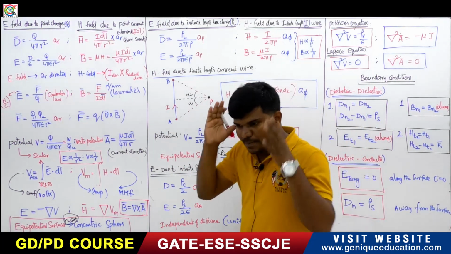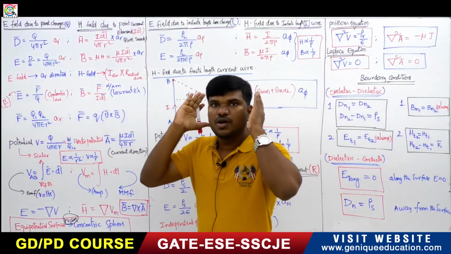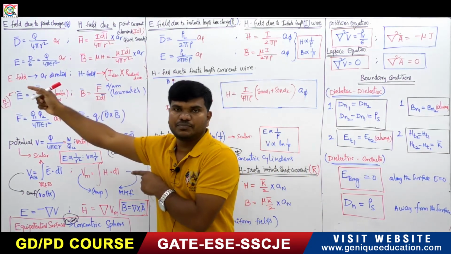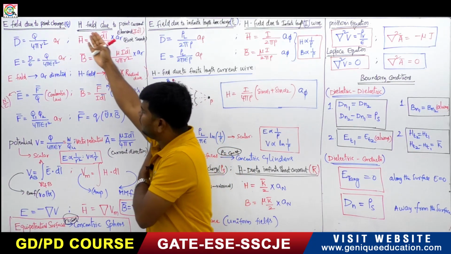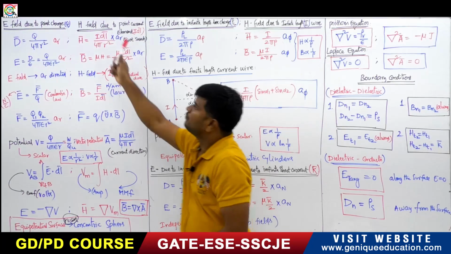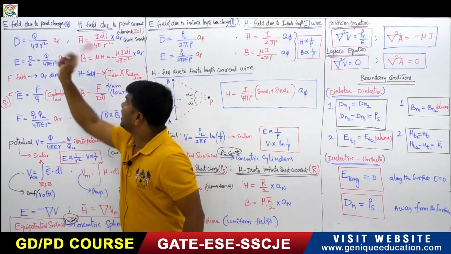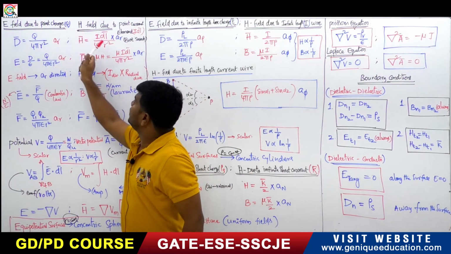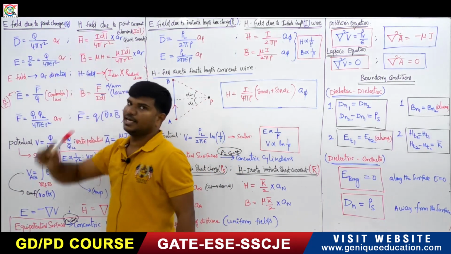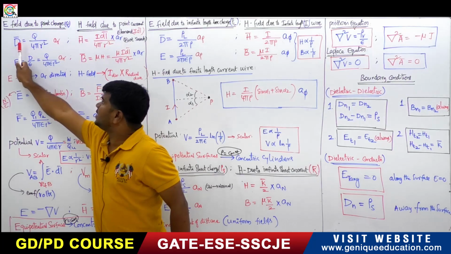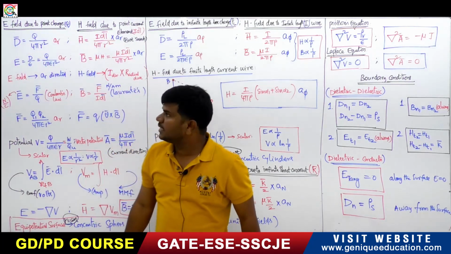Understand? In the electric fields, first of all we are defining D. And for the magnetic fields, we are defining H first. D is similar to H here. The electric flux density is similar to the magnetic field intensity.